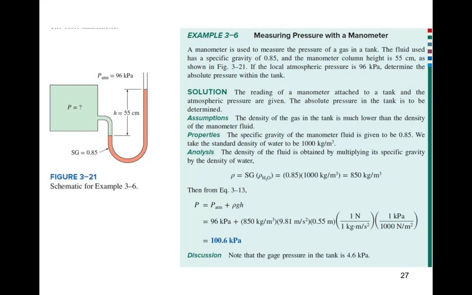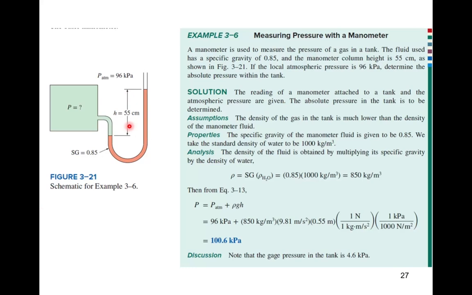This is one practical example from your textbooks that you can follow using the steps that we explained. A manometer is used to measure the pressure of a gas in a tank. The fluid used has a specific gravity of 0.85 and the manometer column is 55 millimeter, as is shown here.